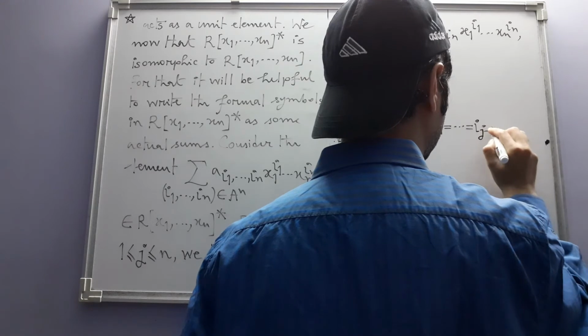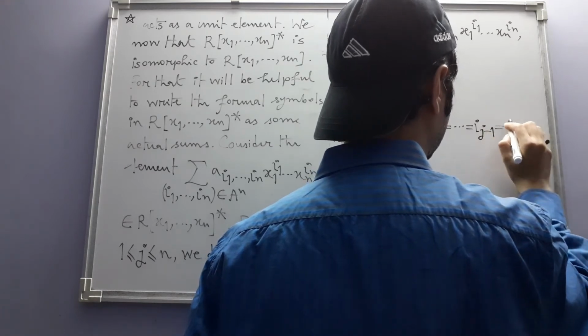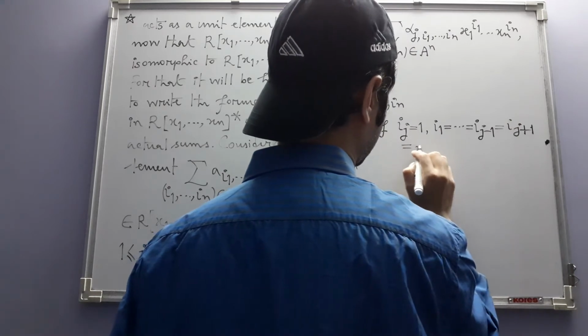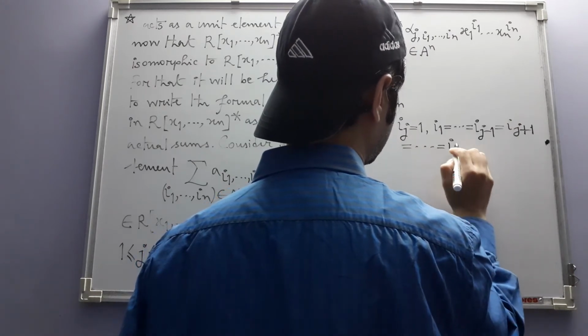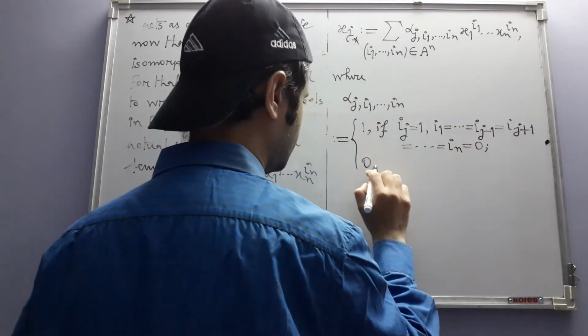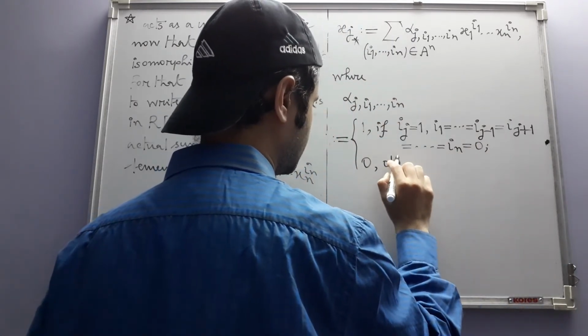Ij minus 1 is equal to ij plus 1. In is equal to 0 and 0 otherwise.